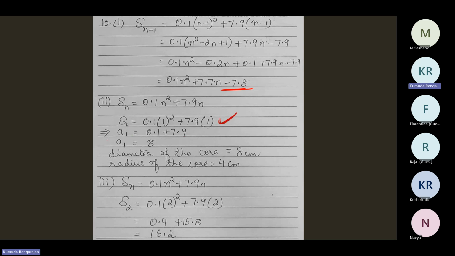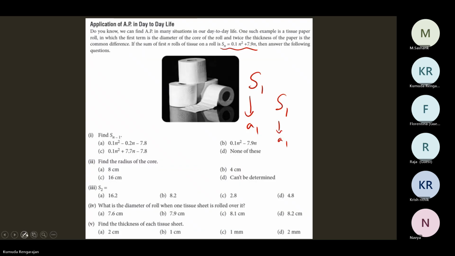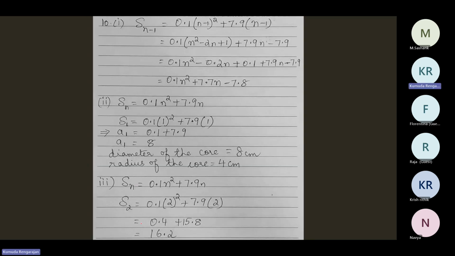S1 is A1, and A1 is the diameter of the core. So the radius of the core is half of it. S2, you know, in Sn, find S2. Using Sn, find S2.